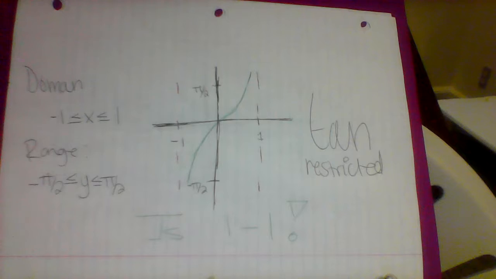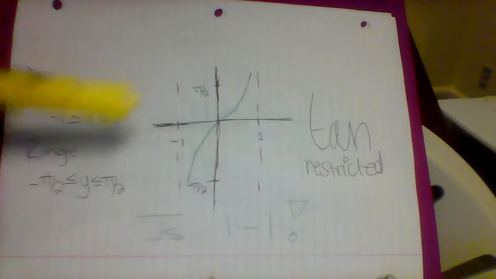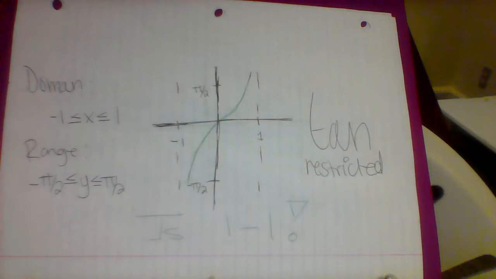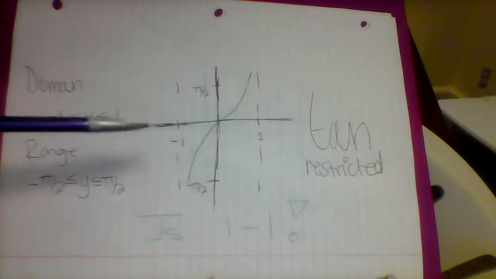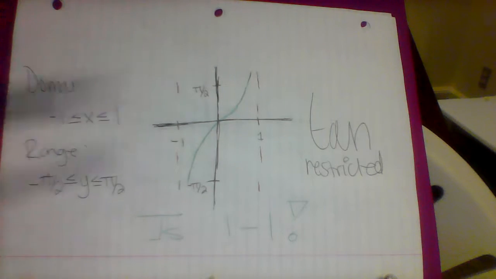So now we're going to talk about restricting the domain. And just to say, domain are all the x's. So that's what we're going to try to do. And this is what tan looks like restricted. You don't have a lot of the colors anymore. You only have the one here.